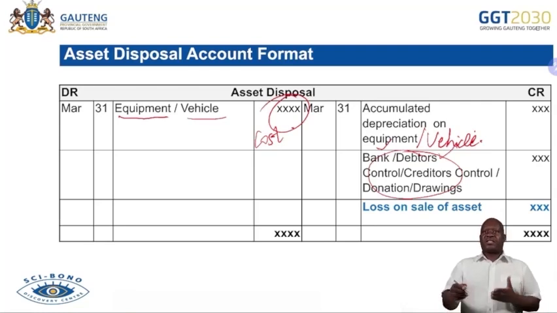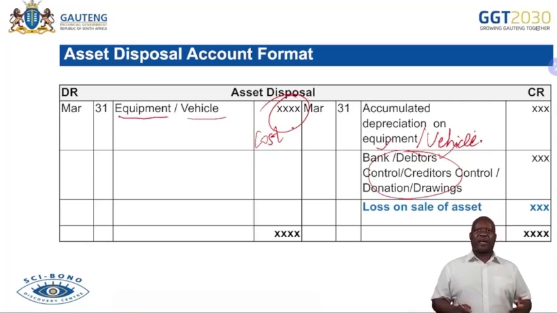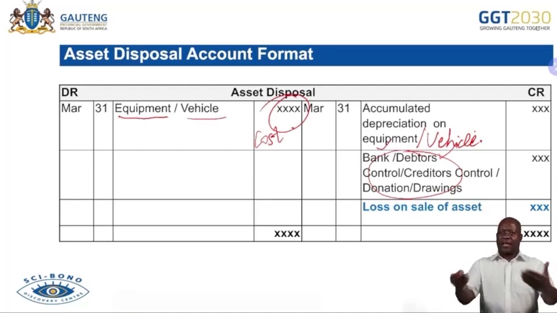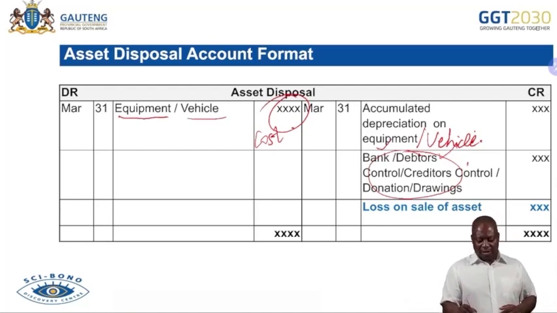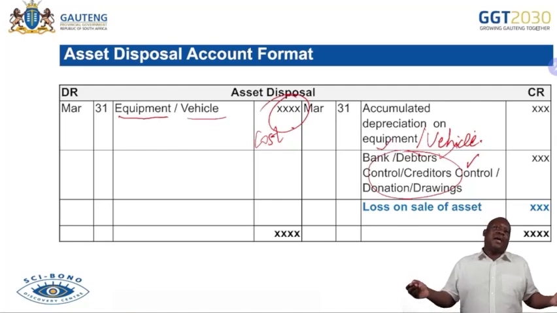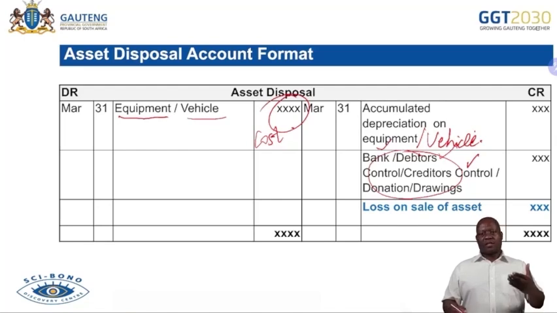If there is a trade-in where we give them our old vehicle and they give us a new one, then creditors control is used. Then sometimes we are donating the asset. Remember, disposal is getting rid of an asset. We can just donate, like what big corporates sometimes do. They give us their old equipment, and we look at them and say, hey, these are new computers.